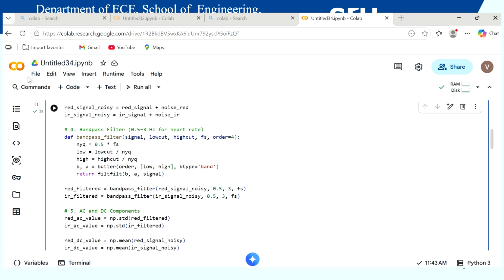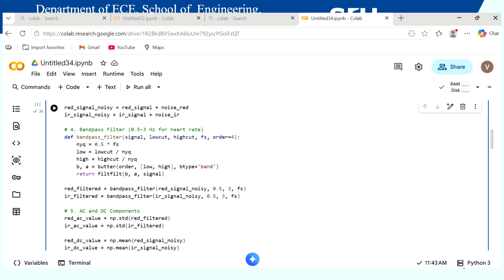And then the AC or DC component. For the AC component, red_AC_value is equal to np.std of red_filtered, then IR_AC_value is equal to np.std of IR_filtered. What is the meaning? Standard deviation is equal to pulsatile amplitude. It represents the AC part.